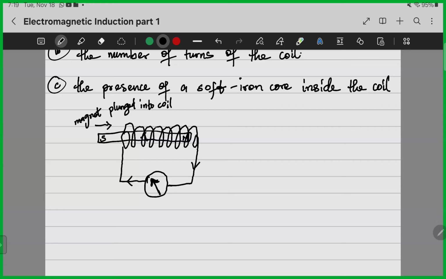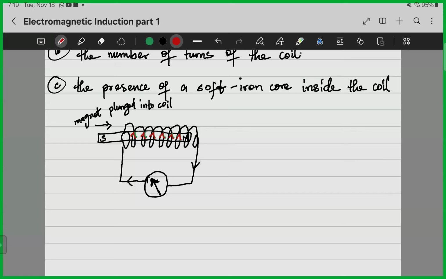Let me use green. So it's going up. As the coil is rotating, that's the motion of the coil.